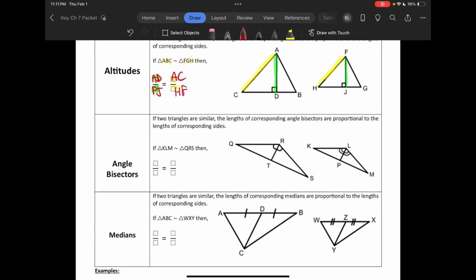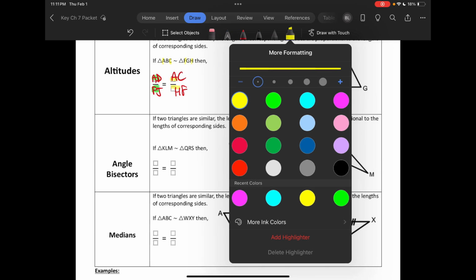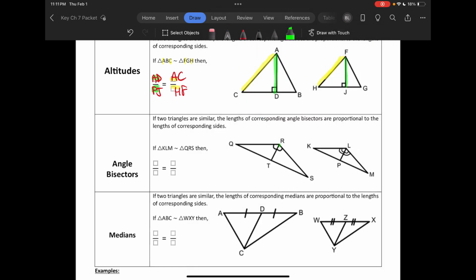If I have two similar triangles, the lengths of the corresponding angle bisectors are proportional to the lengths of the corresponding sides. Same concept here. Here's my angle bisector. We know that it's an angle bisector because it's cutting angle R in half into two congruent pieces. So this would be the angle bisector LP for the second triangle.